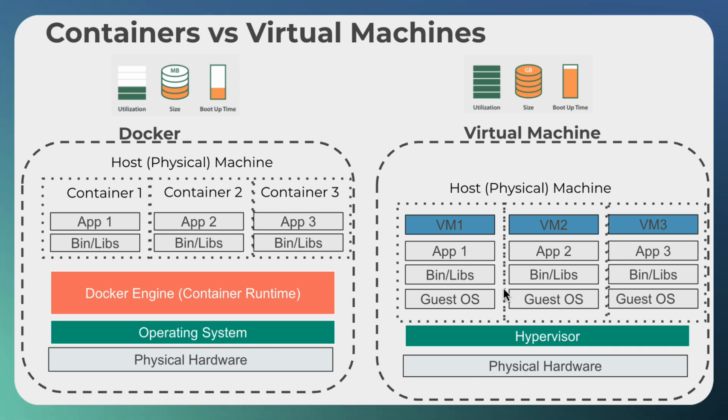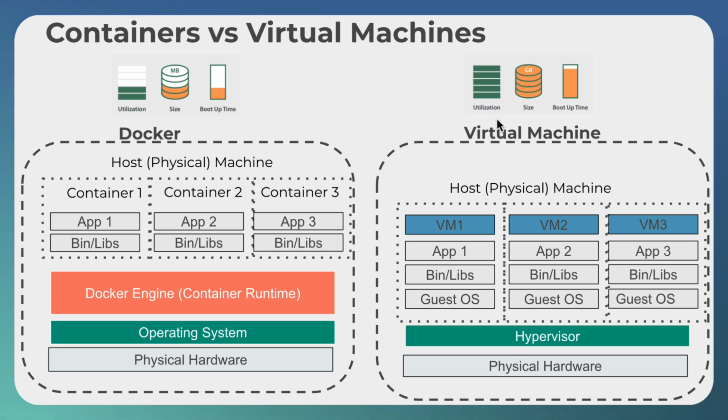The issues, of course, with a virtual machine, as we saw before: first of all, the architecture is very different, although they share some similarities in terms of an overall architecture. But the underlying architecture is very different because here we don't have a Docker engine container. Of course, we do have a hypervisor, and we saw earlier there's some disadvantage to this.